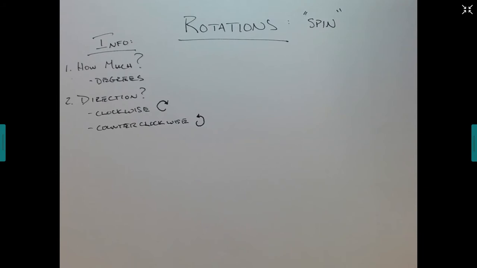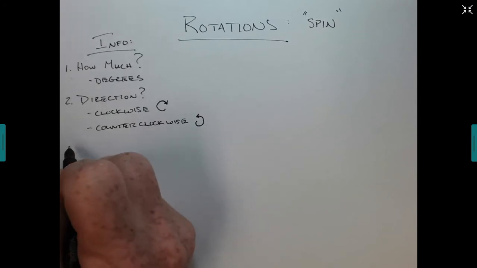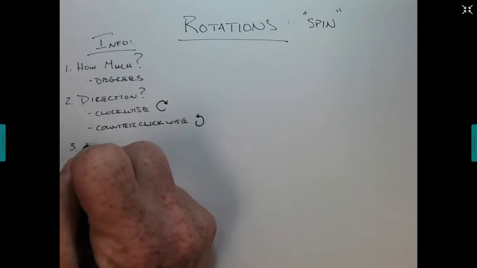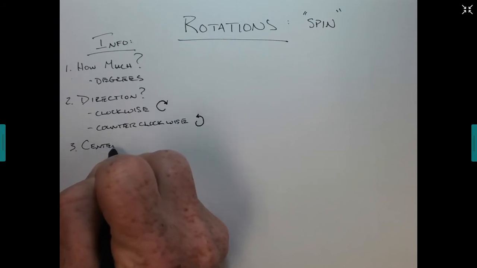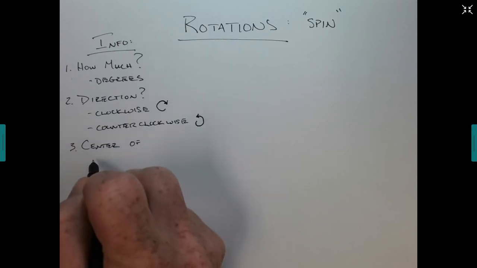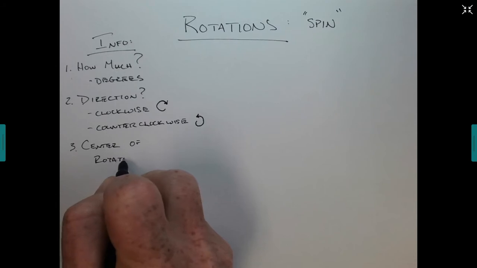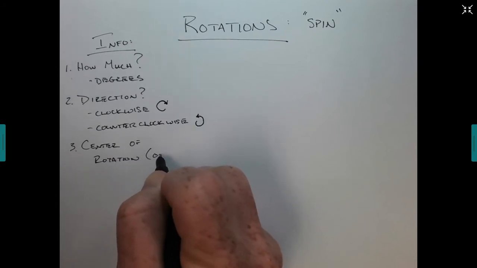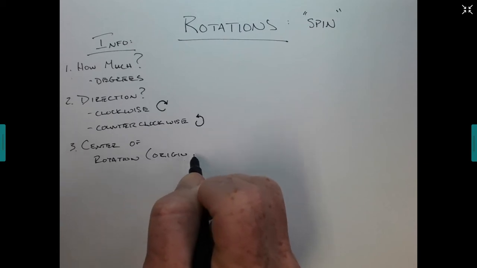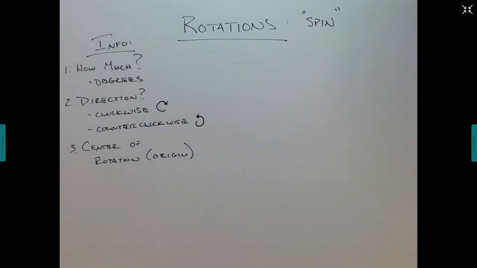All right. And actually, you would need to know one more idea. You need to know, what are you going to rotate around? What is the center of rotation? Most of what we're going to be doing in this class would be around the origin, but it becomes an important idea.